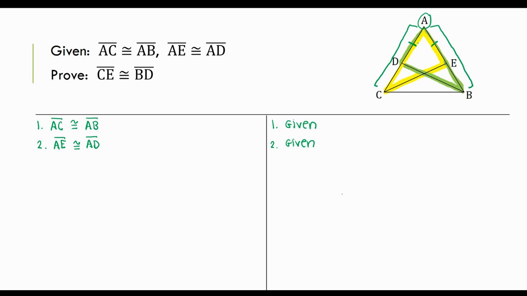If you notice my highlights, the yellow kind has overtaken the green, but they're both highlighted at the top with angle A. And there is only one angle A. So my third step, I can say that angle A is congruent to angle A, and this is because of the reflexive property.